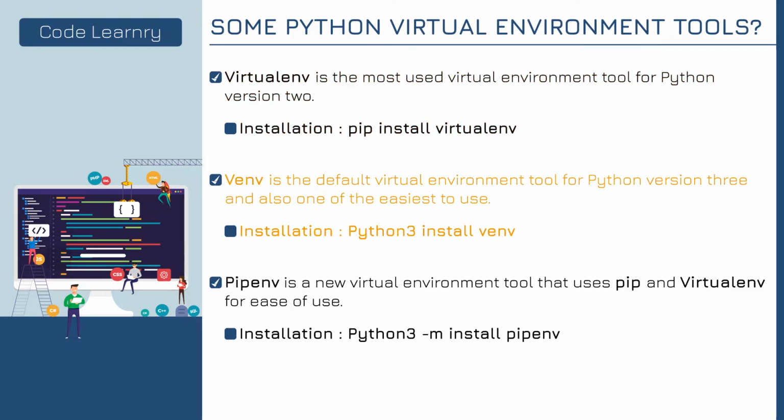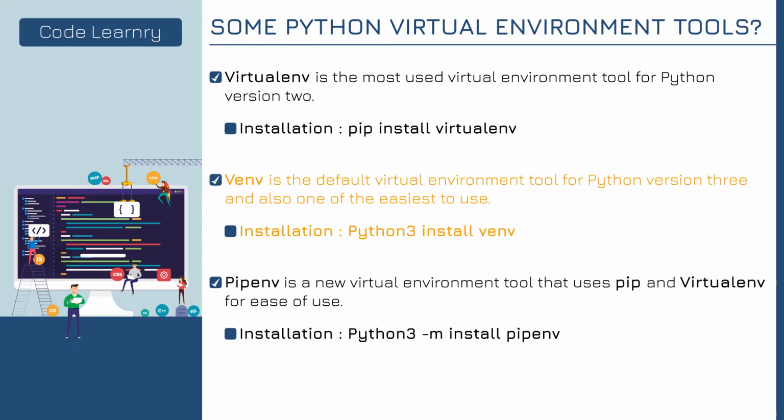Now there is also this virtual environment manager called venv. So venv is a Python module that is used to also create lightweight virtual environments. Now venv is the default virtual environment module for Python version 3 and also by far one of the easiest Python dependency managing modules around for creating virtual environments.